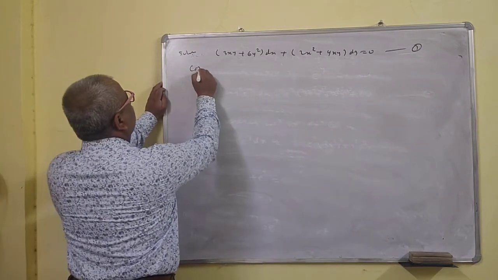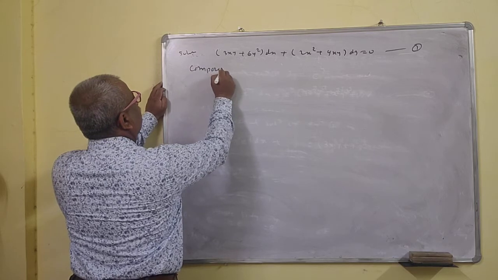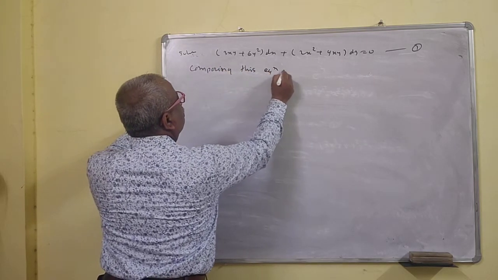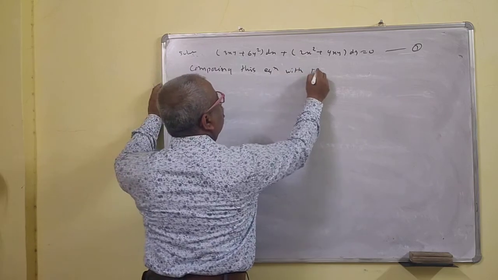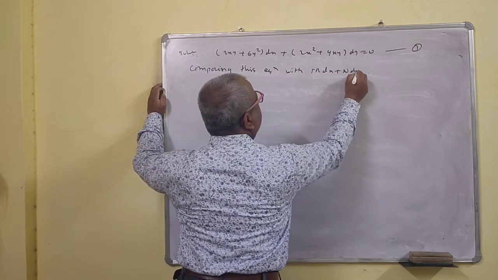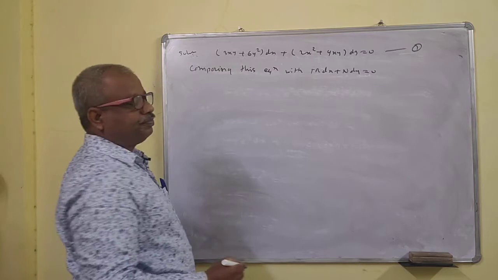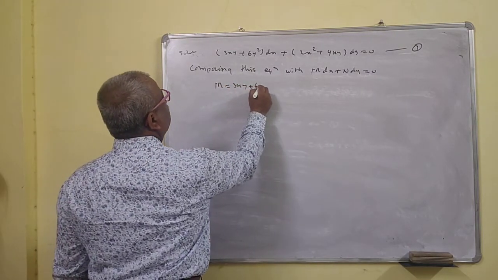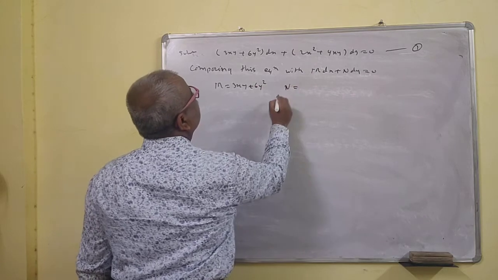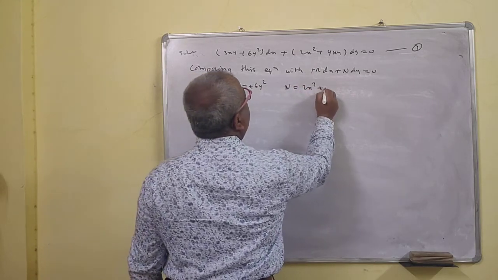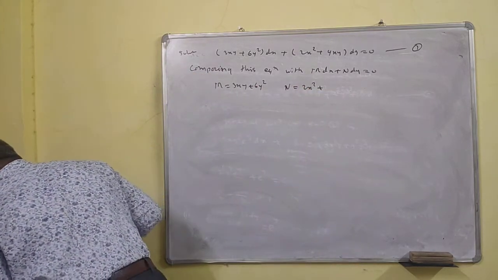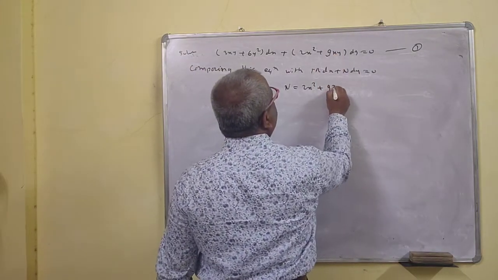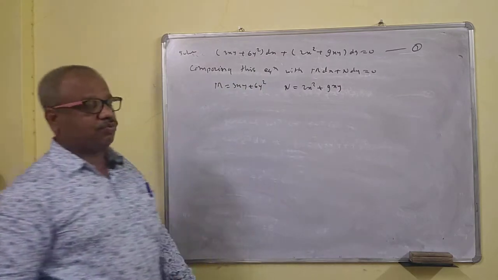Comparing this equation with m dx plus n dy is equal to 0. Okay, so your m is 3xy plus 6y², your n is twice x² plus 9xy.